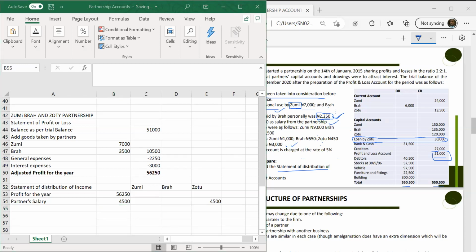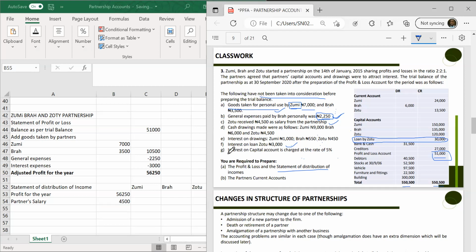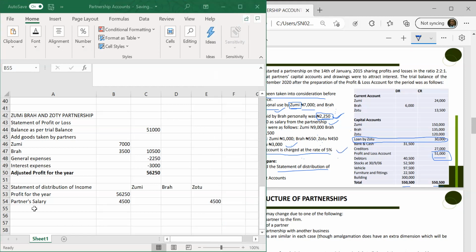Okay. Do we have interest on capital accounts? See, interest on capital account is charged at 5%.